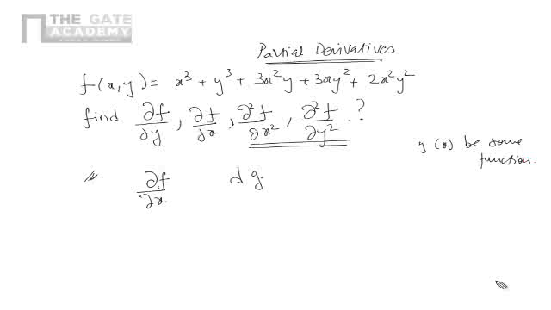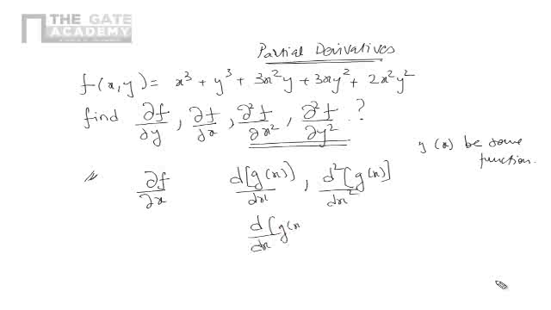We have d of g of x by dx. We have d square g of x by dx square. We have d by dx of g of x, the whole square. Are these two same?